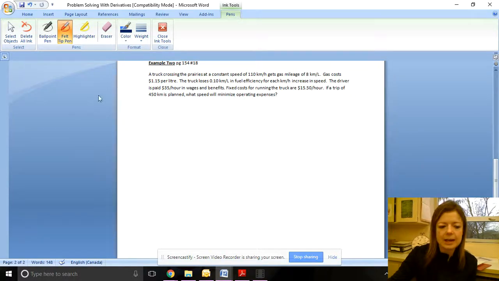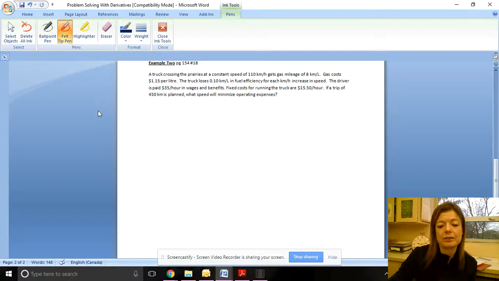So this is a truck going across the prairies. It's on cruise control. Let's say it's going at 110 kilometers per hour, and it's getting a gas mileage of 8 kilometers per liter. The gas costs $1.15 per liter, and the truck loses 0.1 kilometers per liter in fuel efficiency for each kilometer per hour it goes up.